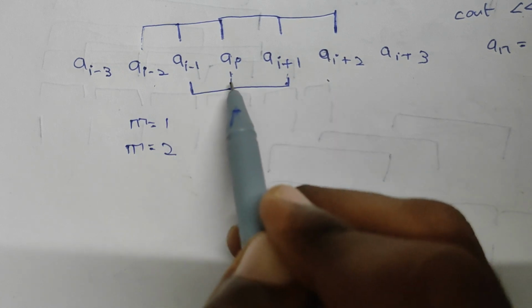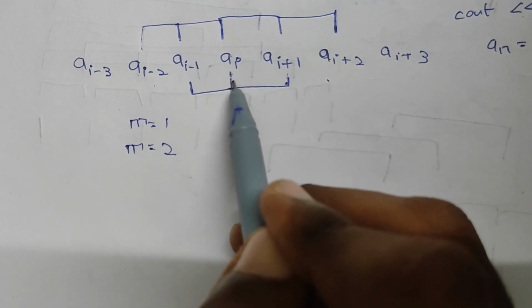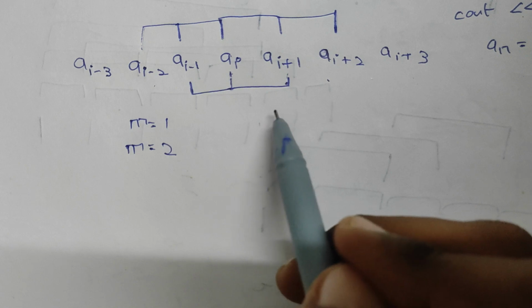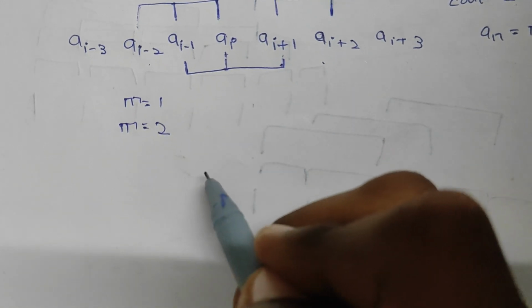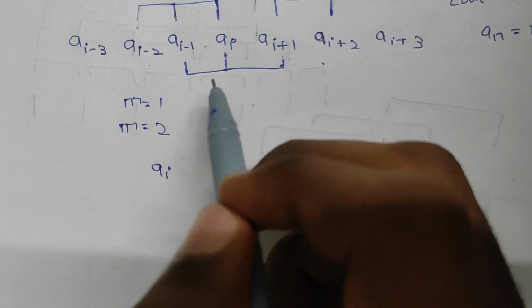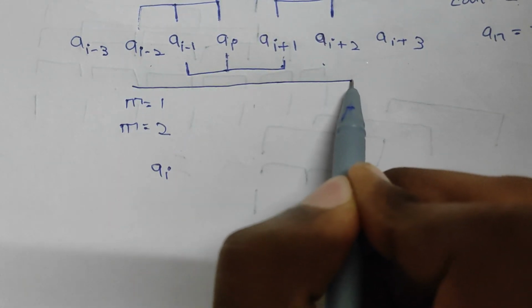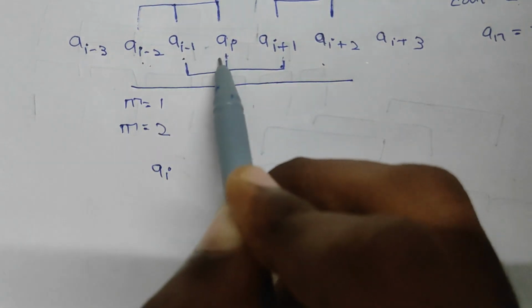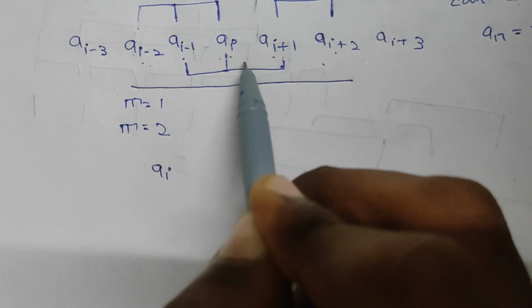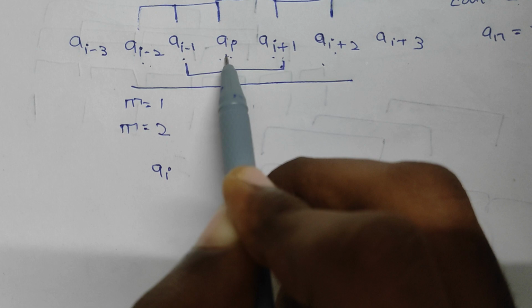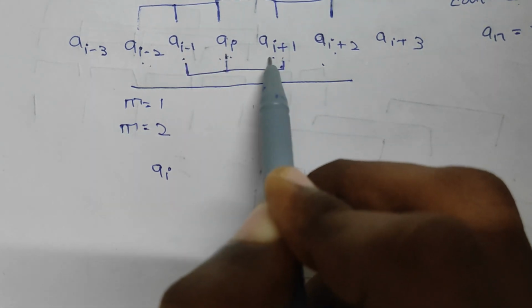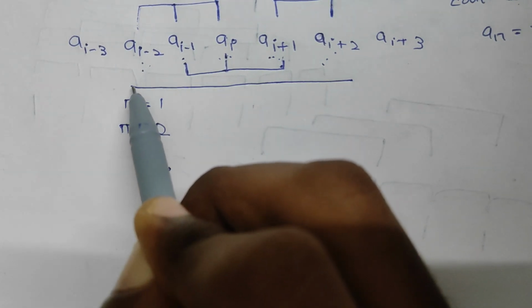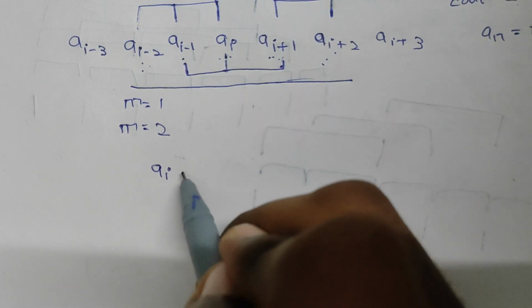When we are doing the second operation, even though we are doing bitwise OR of a_(i-1) and a_(i+1), it will be similar to computing the bitwise OR of all these values, right? Because in the first operation this was affected by this and this, and this was affected by this and this. So when we do bitwise OR of this and this, since already it was affected by this value, it will be equivalent to taking the bitwise OR of all these values.